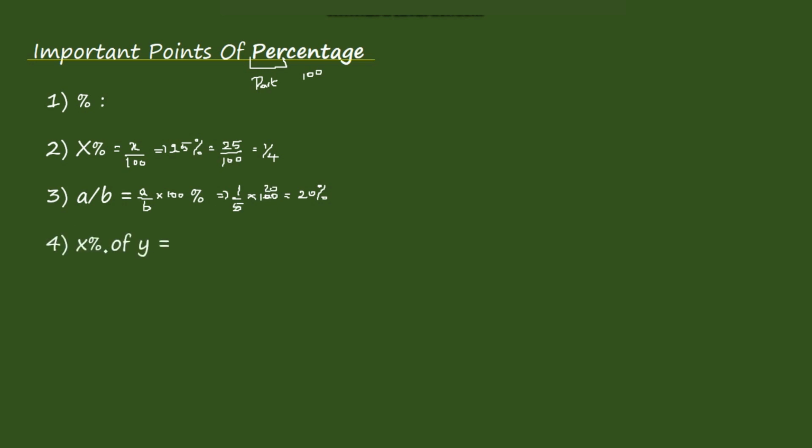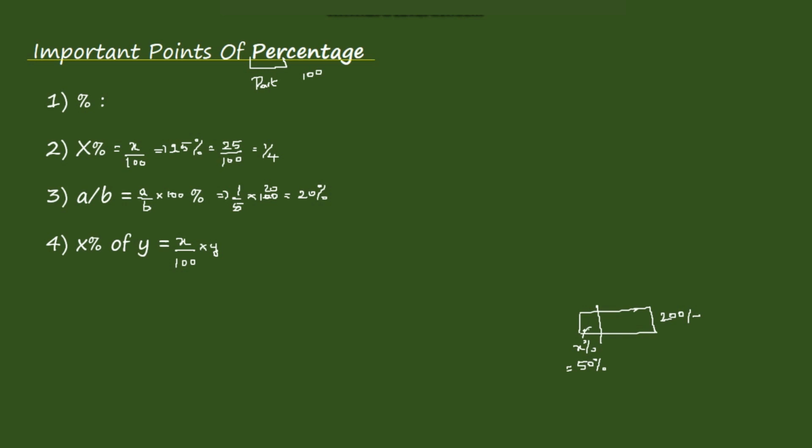Again, if you have something like x percentage of y, then it is nothing but x by 100 into y. I'll give one example for it. Consider a box full of money, in which there are 200 rupees, and you use x percentage for chocolates, say x is 50%.